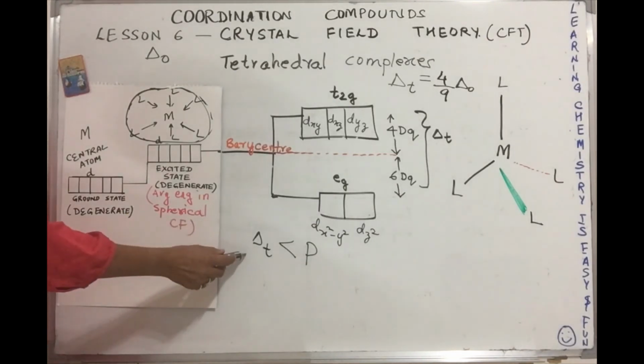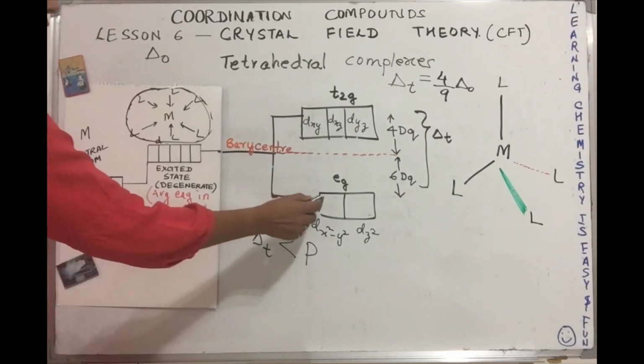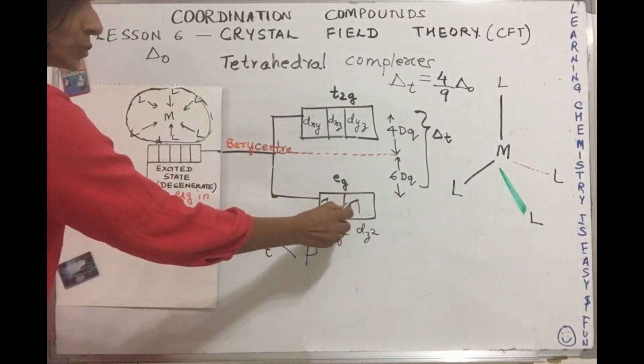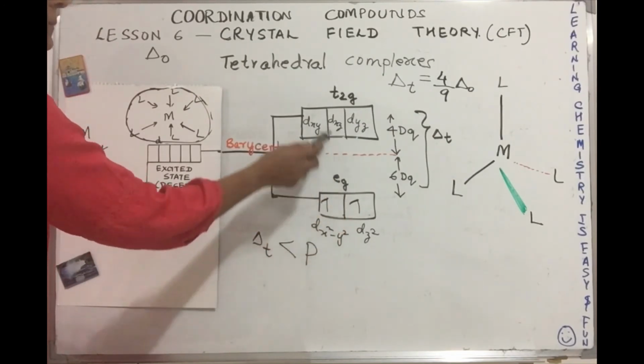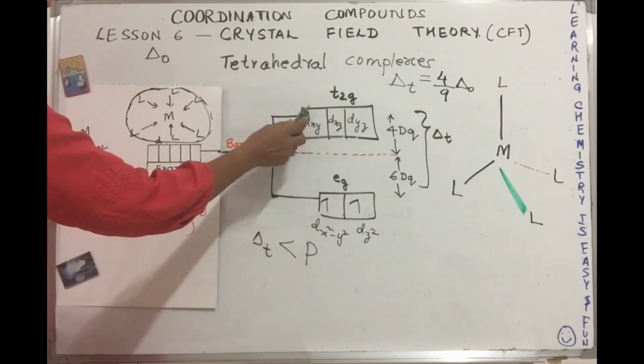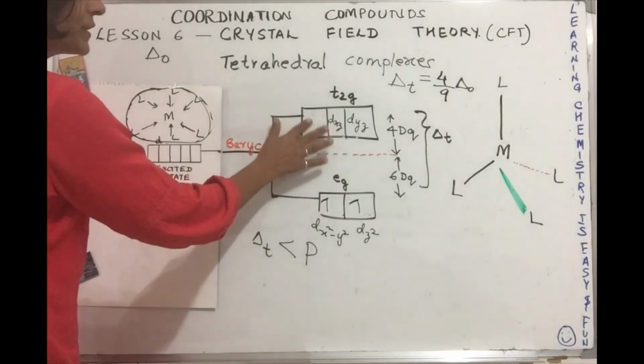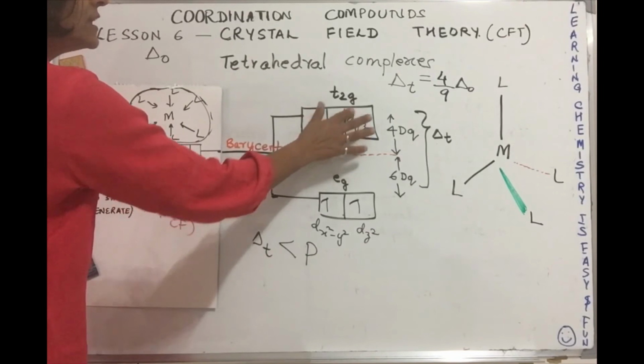So what would be preferred over here? So if I have to fill electron 1, 2. Now next would be the electron enters into the higher energy level or it pairs up over here. You tell me how we are going to accommodate the third electron.